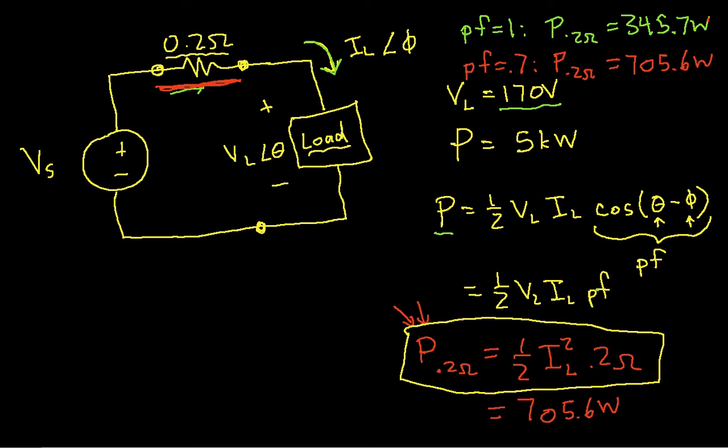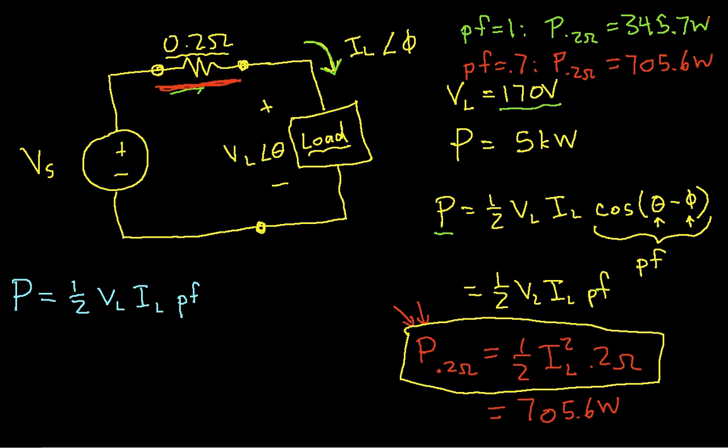In fact, we can generalize this to an arbitrary resistor. The power in a resistor is going to be 1/2 times the peak voltage across it times the peak current through it times the power factor of the resistor.